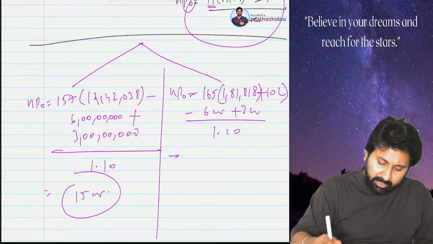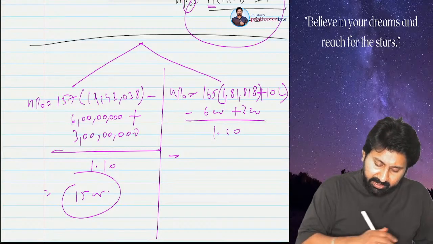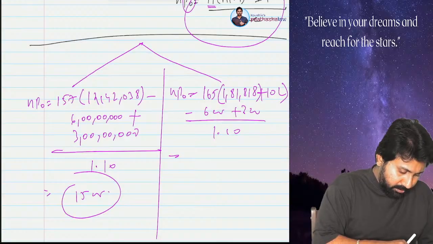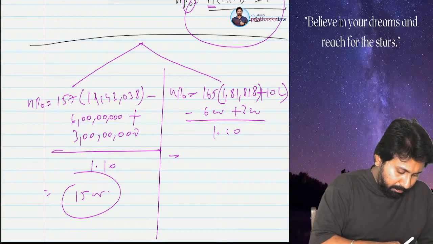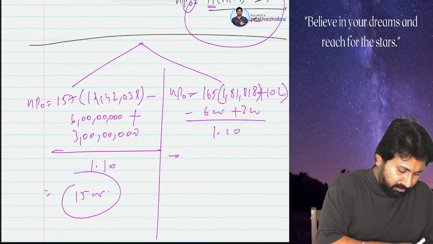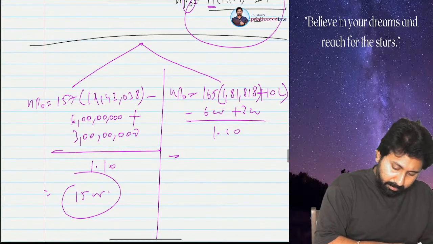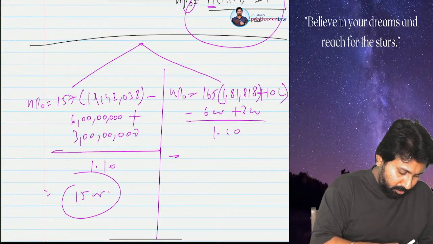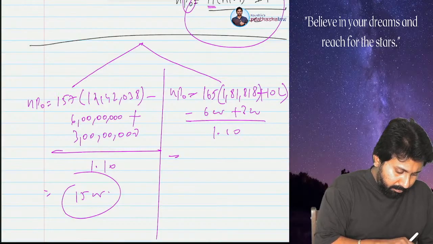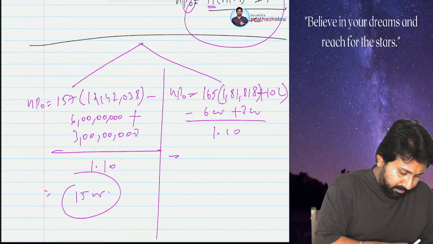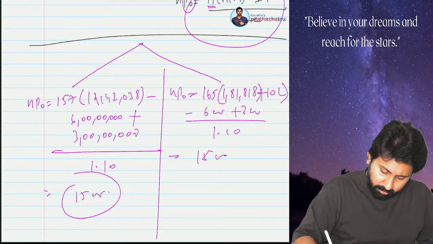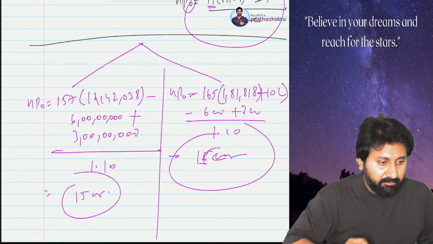So totally 10 lakh plus 1,81,818 into 165, minus 6 crore plus 3 crore divided by 1.1. In both the cases it came to 15 crore.